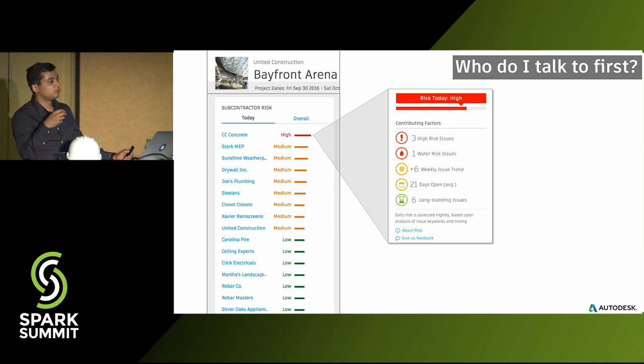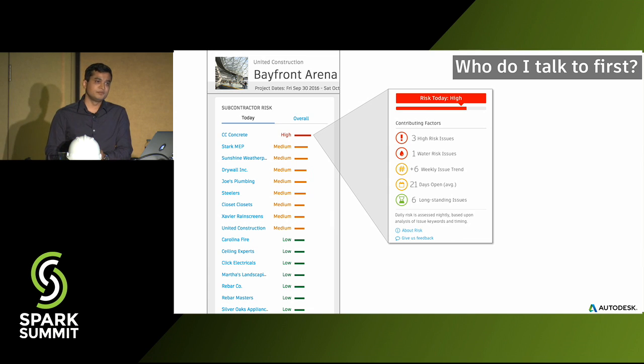We also expose the factors we think are important for that risk so that this project manager can have an informed conversation and present actionable items: hey, if you go and close out those 3 high-risk issues, then you won't show up here. Or if you start closing or addressing things in a faster way, that's good behavior, and that would take you off this.